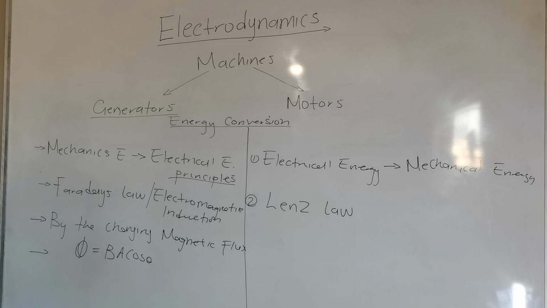Alright. Now, this one is a reminder from grade 11: how can we increase the induced EMF, or how can we increase the current that is being produced. Number one that you can do is to increase the strength of the magnet.